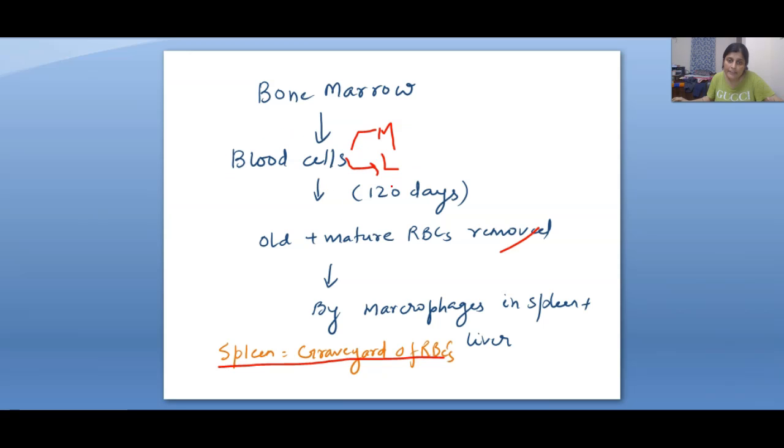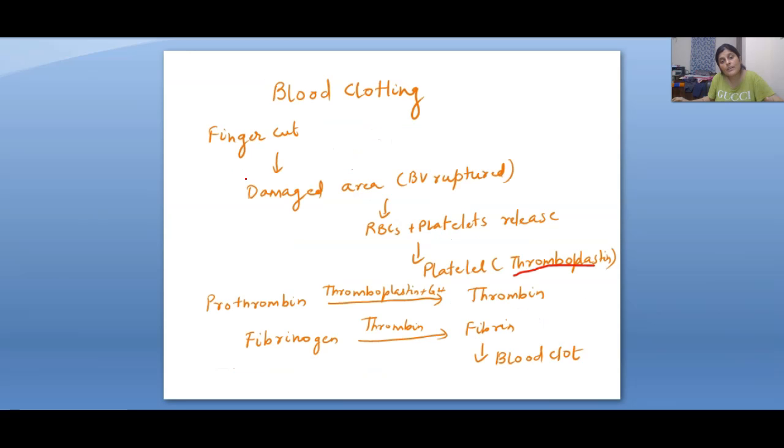The RBC lifespan is 120 days. When the RBC gets old, it is destroyed by macrophages present in the spleen and liver, and so the spleen is called the graveyard of RBCs. About blood clotting: when a finger is cut, blood vessels are ruptured, and RBCs and platelets come out.